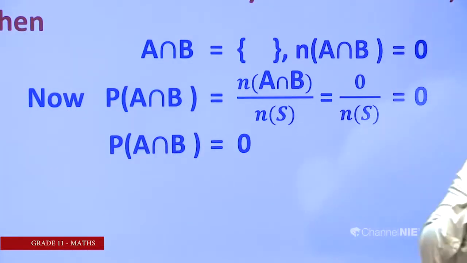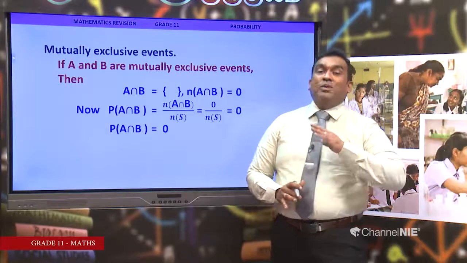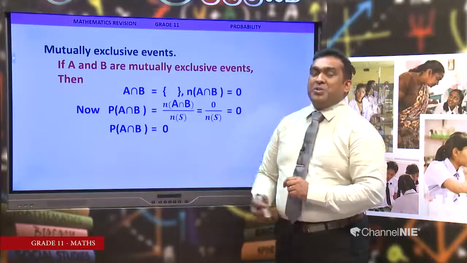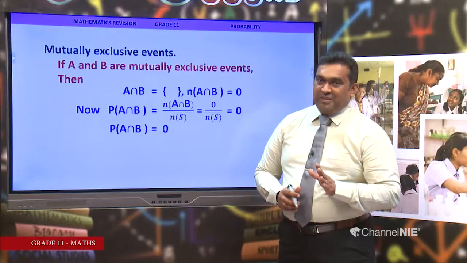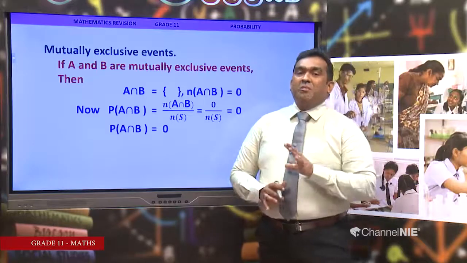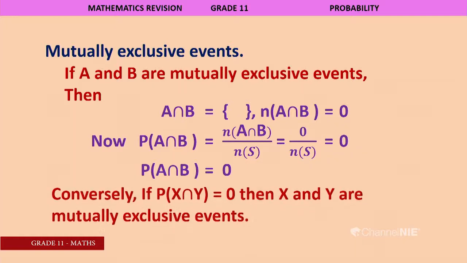Now you got the result. If A and B are mutually exclusive events, then P(A intersection B) is 0. Right? This relation is very, very important when solving problems based on probability. Right. Conversely, if the probability of x intersection y is equal to 0, then x and y are mutually exclusive events.